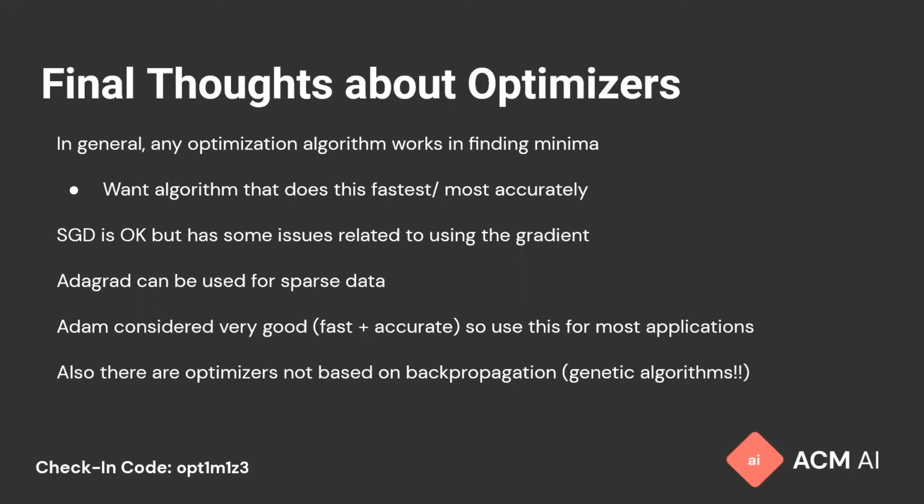SGD is okay, for example, but we are jumping all over the place, so SGD does not necessarily converge quickly. Adagrad is used for sparse data, but Adam is a very good general purpose optimizer for most of your applications.